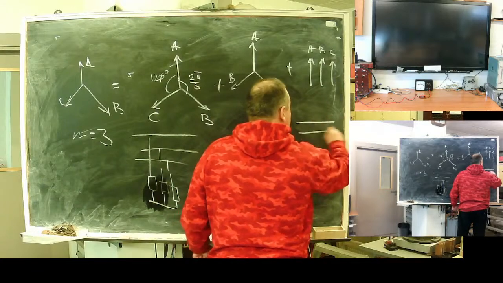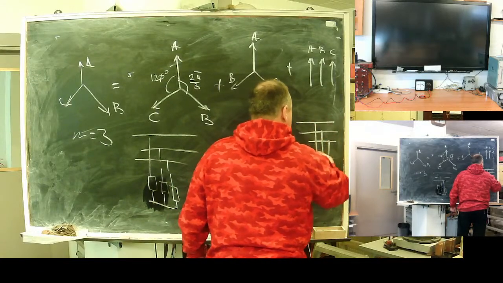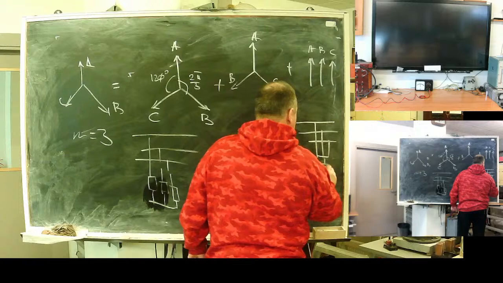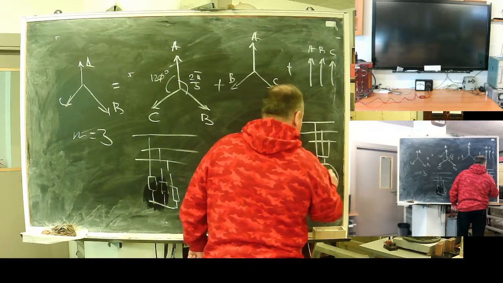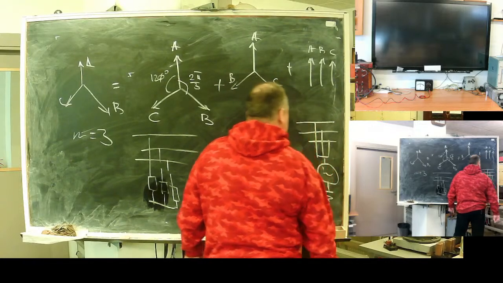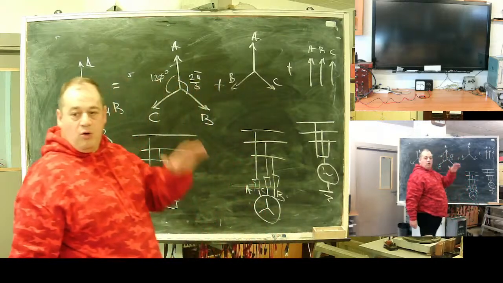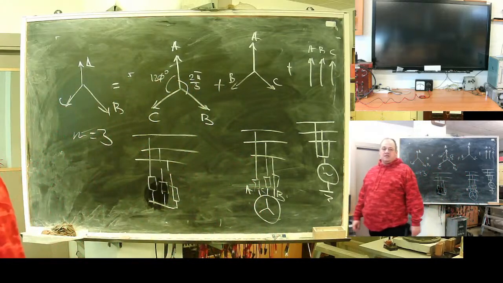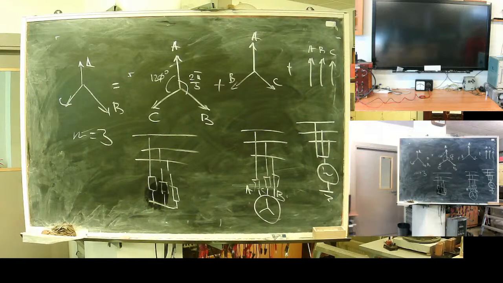And the third one will be kind of a single-phase machine attached to the ground where all phases are linked together. That is the physical representation of the Fortescue transform.